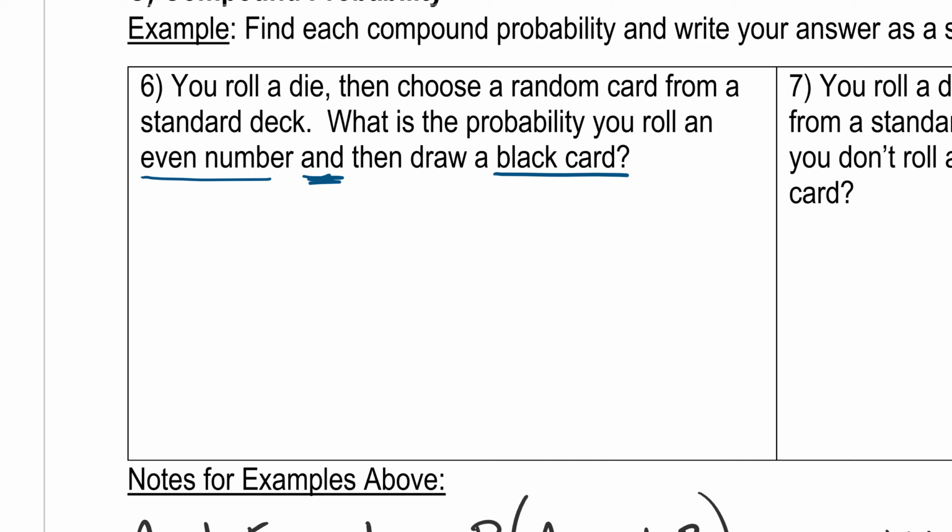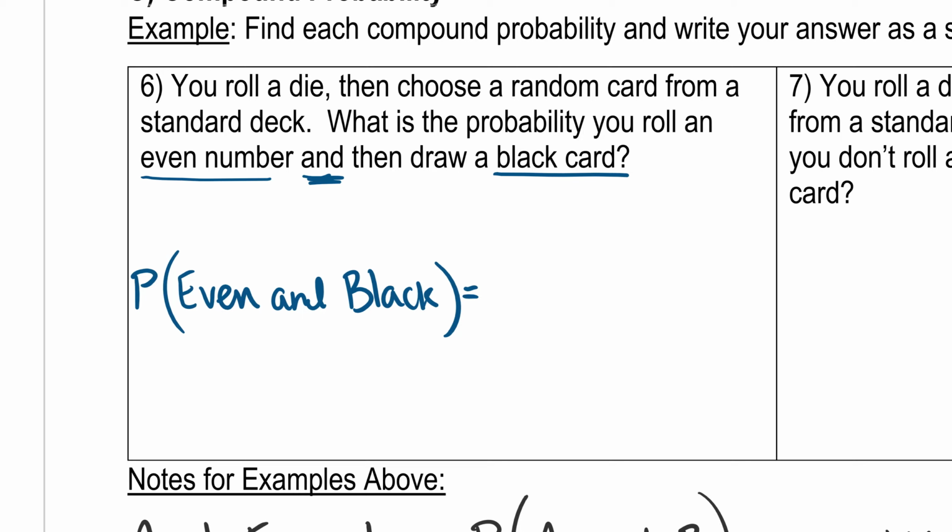So I want an even number. Okay, if you want to write the P, we can do that. So probability of, we'll just do even and black. Okay. And because I'm doing and, I'm going to multiply. That's our keyword there.